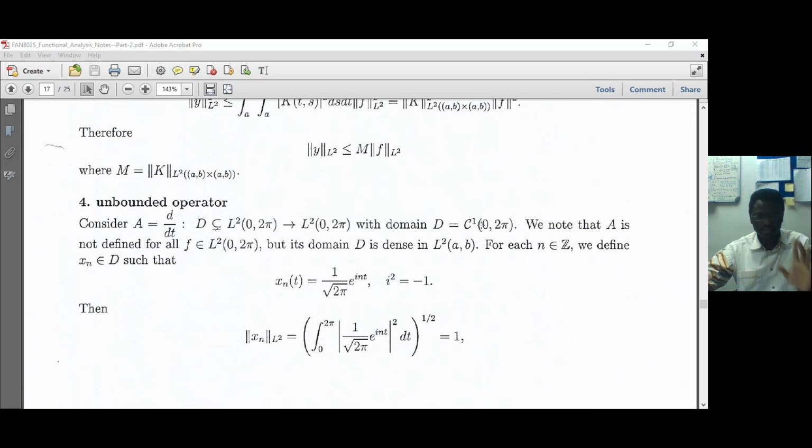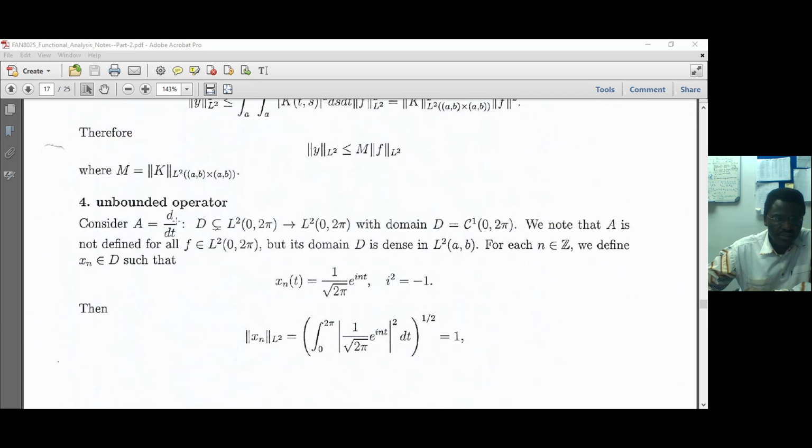When you just say continuously differentiable, it means differentiable at least once. Continuously means that the derivative exists over that interval, and the derivative that you obtain is also continuous on the interval. That's what the 1 means. C is for continuous, right? And 1 is the number of times that you can differentiate.